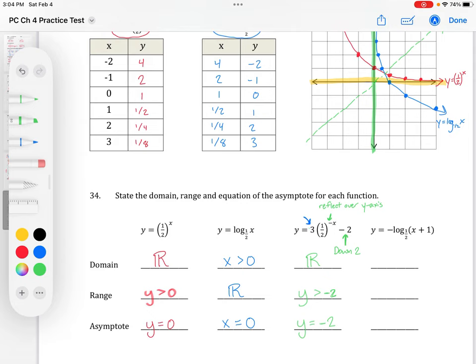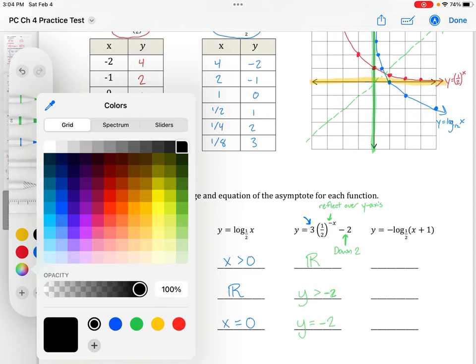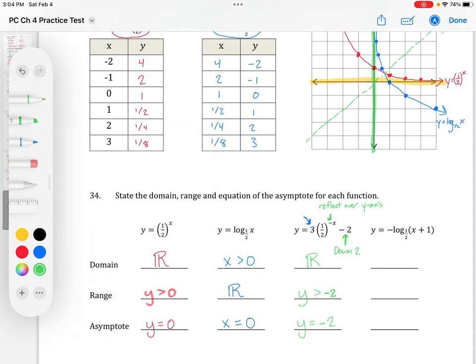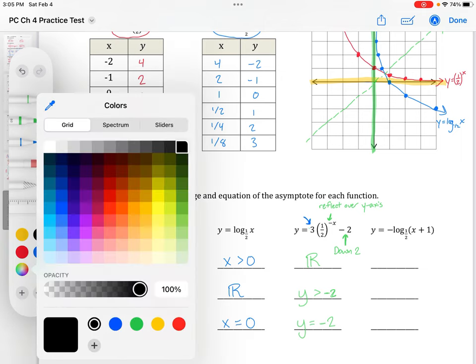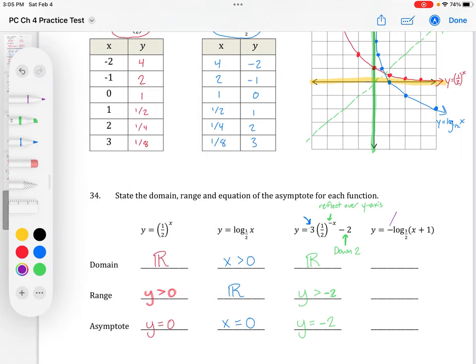All right, and then our last example is looking at that log function. Let me grab one more color here. So this, just mentioned this, that negative out front is going to reflect over the x-axis.